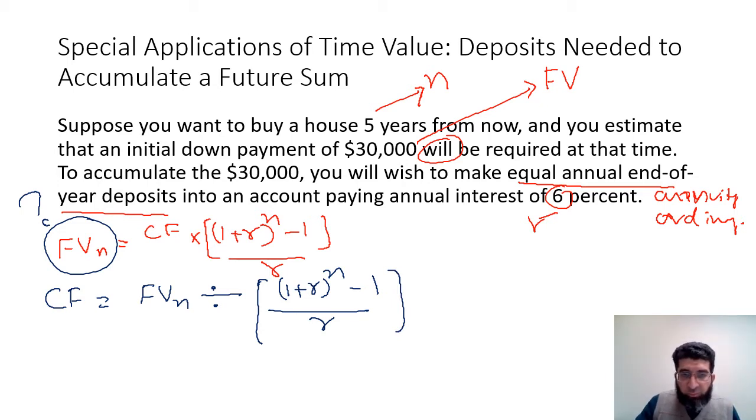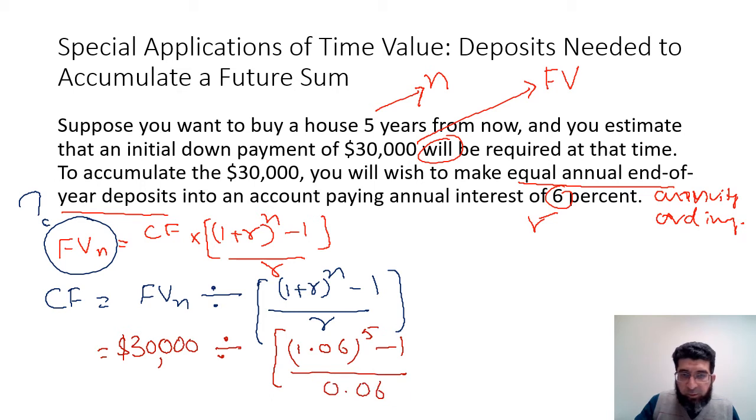In order to do so, we will substitute the values, and that comes out to be future value $30,000 divided by ((1.06 raised to the power 5 minus 1) divided by 0.06), and the eventual answer is $5321.89.